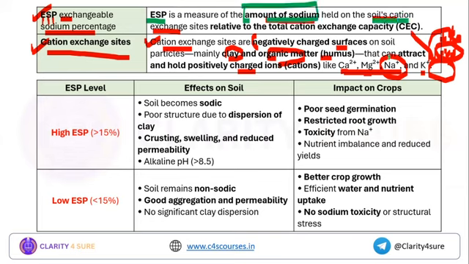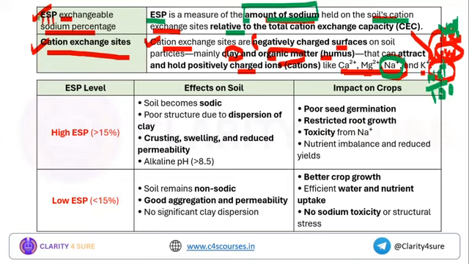We are just calculating the amount of Na+ present on these exchange sites relative to the total cation exchange capacity. Let's suppose the total is 100, then out of 100, how many Na+ are present on those complexes, that we need to find out. I hope you understood.